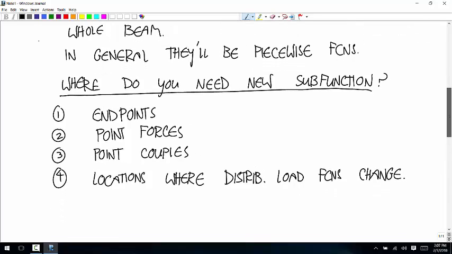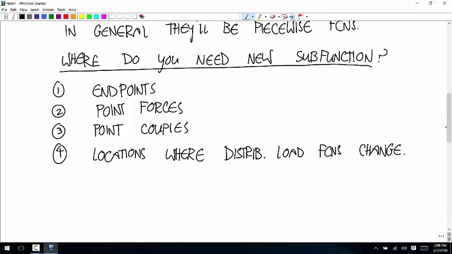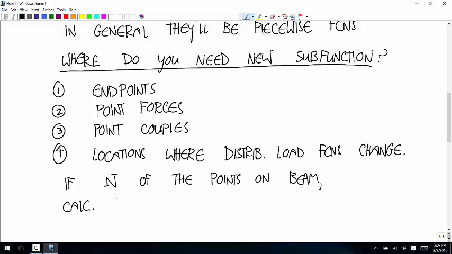Okay. Let's say there are n of these points on the beam, the calculation will require n minus 1 cuts.